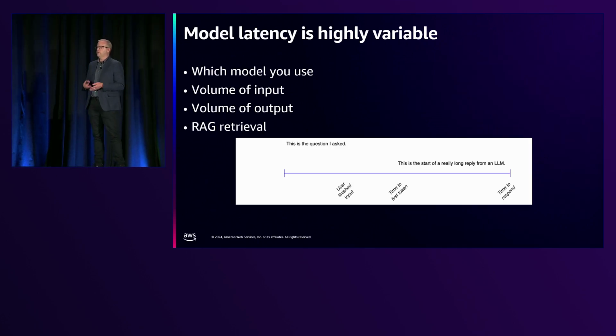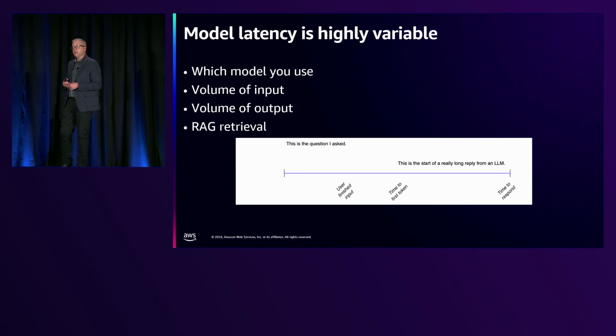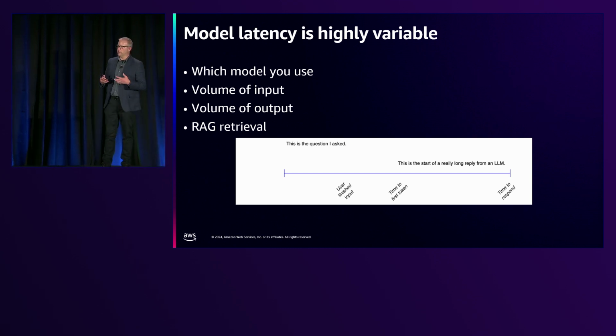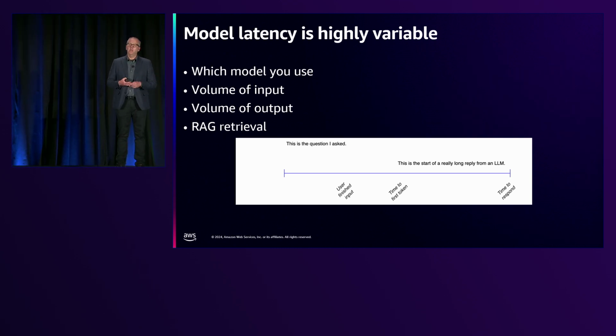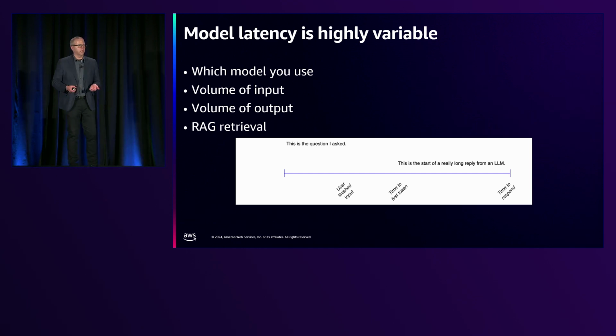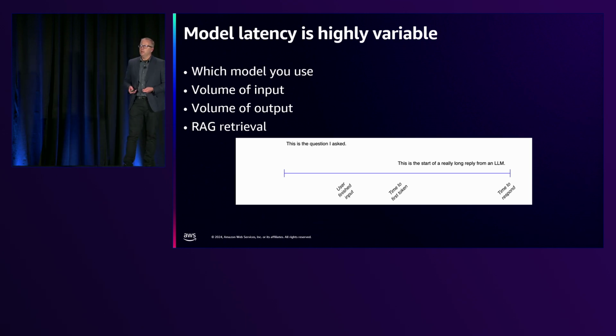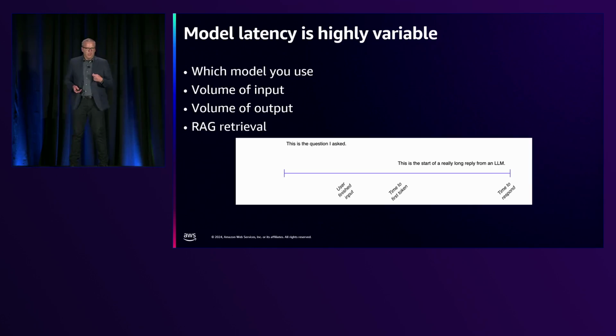But even for a particular model, it also matters how much input you give it and how much output you're asking for back. If you look at Claude Haiku, which we think of as a pretty fast model, if you give it a single paragraph of input and ask it to give you a bullet point summary, that's going to be much faster than giving it a 20-page PDF document and asking it to summarize the whole thing. So that's why measuring latency can be a little bit tricky.